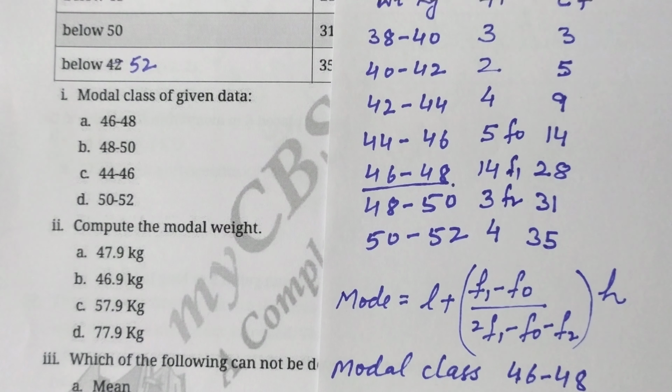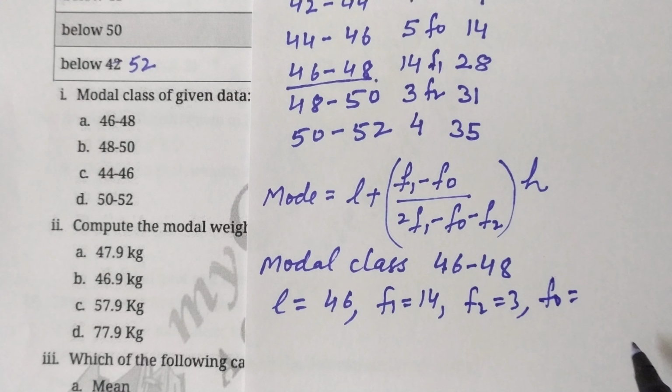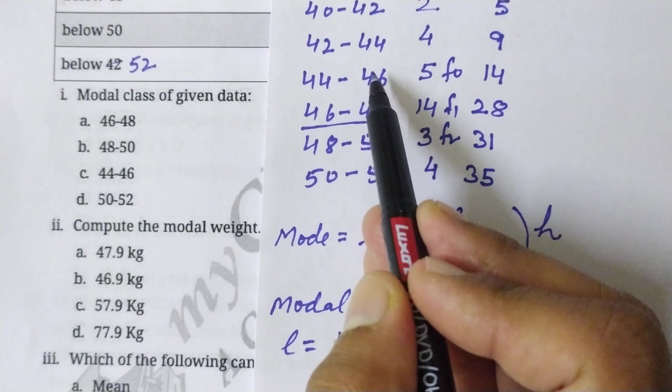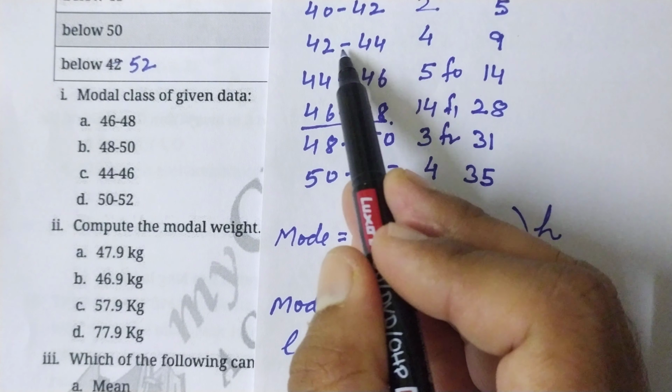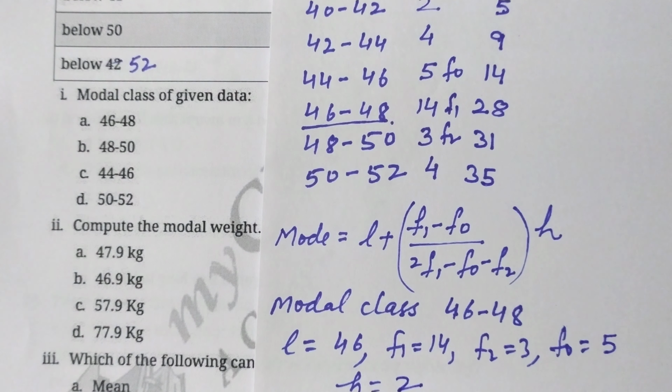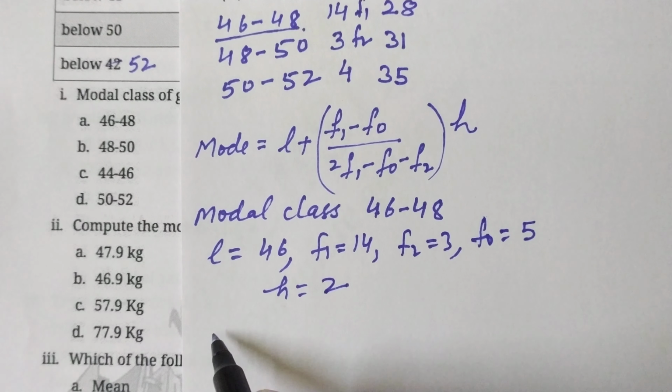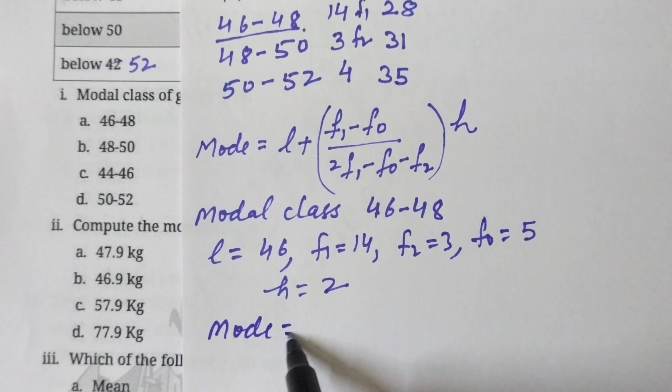So here you can write F1 is 14, F2 is 3 and F0 is 5. And H is the size of the class interval. Here the size is from 42 to 44, what is the gap? 2. So H is 2 everywhere. So we have found all these. Now fill the values. So mode is equal to L.